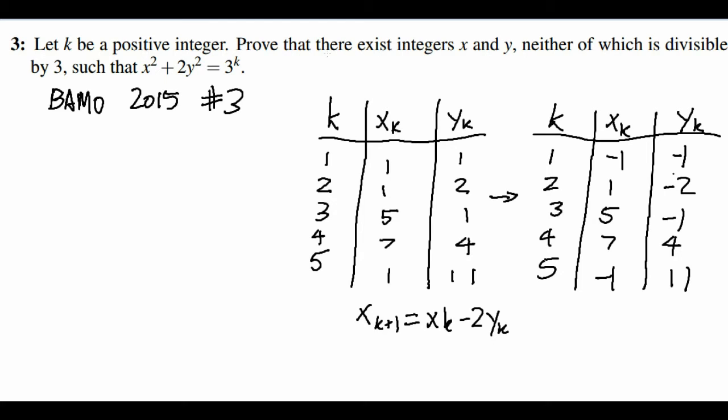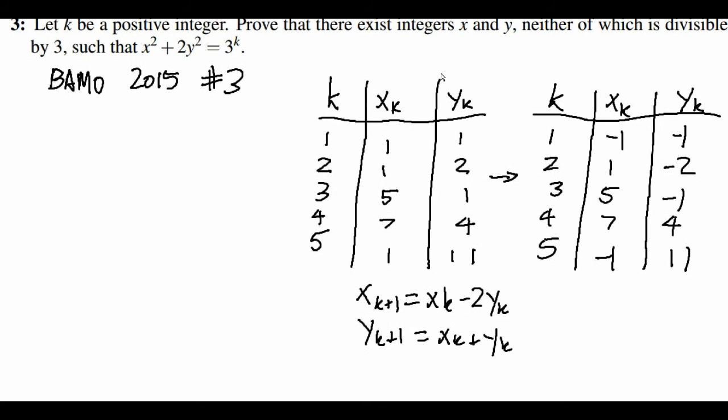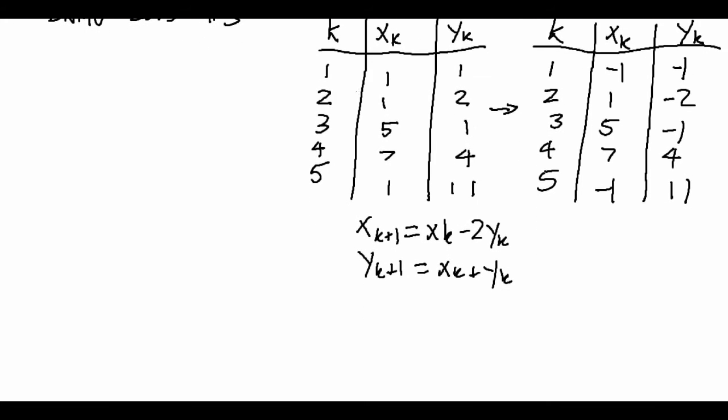And yk plus 1 is equal to xk plus yk, a bit simpler. Negative 2 is negative 1 plus negative 1. Negative 1 is 1 minus 2. 4 is 5 minus 1. 11 is 7 plus 4. And so on. This pattern seems to work as you go down, and let's see why this is.